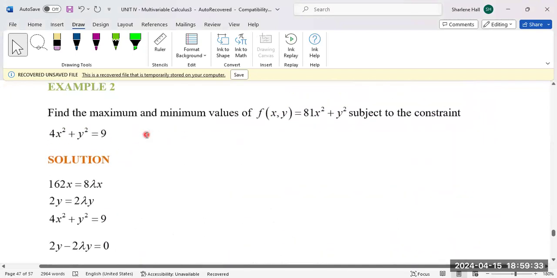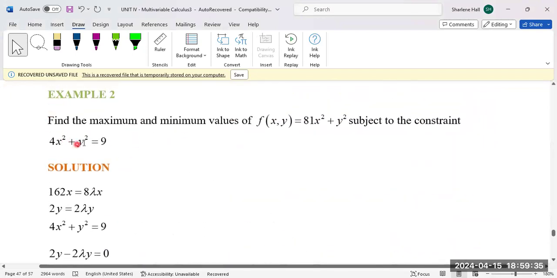What did the question ask me for right here? It says to find the maximum and minimum values of this. Based on our calculations, we got 4 sets of positive values, and because the values are positive, they are maximum values.